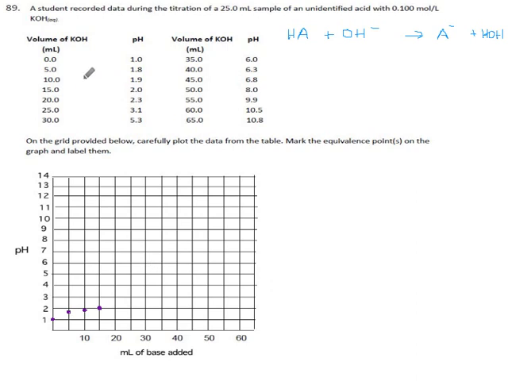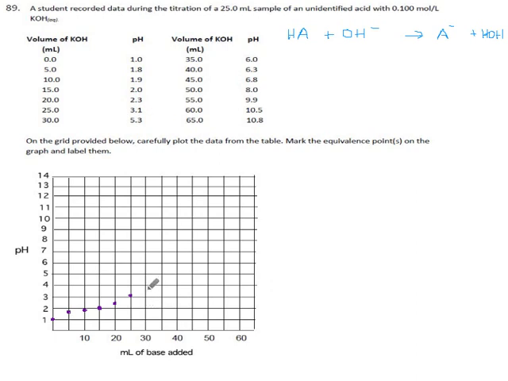Whole lot of not much happening so far. 20 mil, we're up to 2.3. 25 mil, now it's starting to break a little, 3.1. Remember, we're expecting to see kind of an S-bend, so we expect this to break upwards, rise sharply, and then flatten out again.